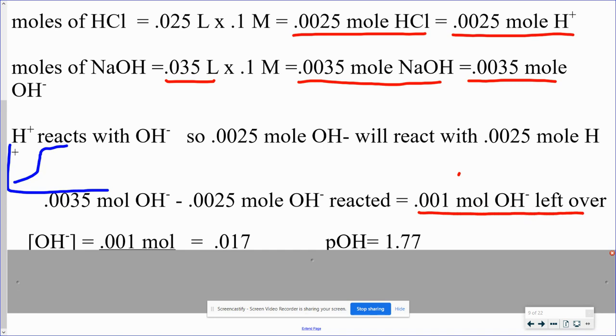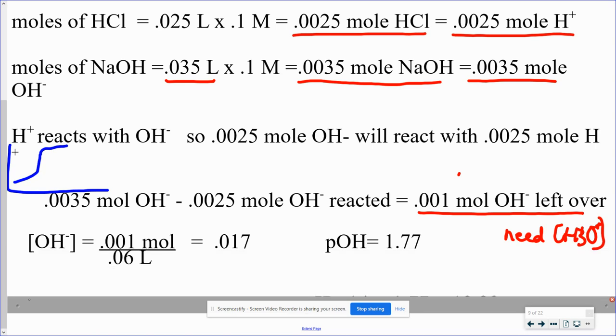So to calculate pH, I need H3O+ concentration. So I will subtract out that, and I got that, OH-. So now I need to divide that by the total volume, which is 60 milliliters because I added 25 milliliters of HCl to 35 milliliters of NaOH.